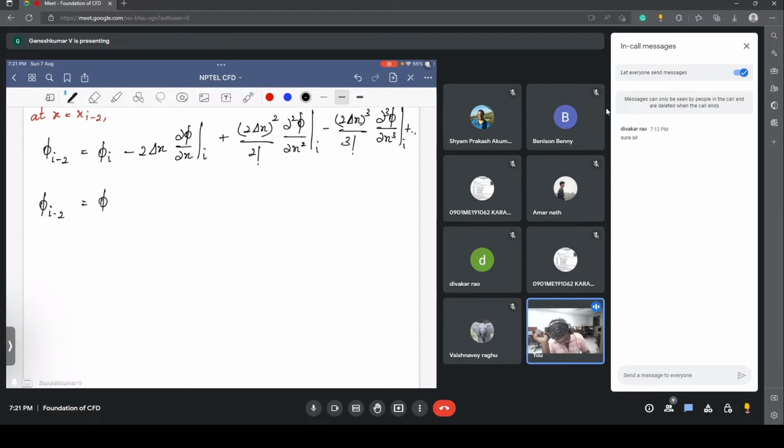Phi I minus 2 would be phi I minus 2 times delta x dou phi by dou x at I, plus 4 delta x square by 2 factorial dou square phi by dou x square at I, minus 8 delta x cube by 3 factorial dou cube phi by dou x cube at I, plus dot dot dot.